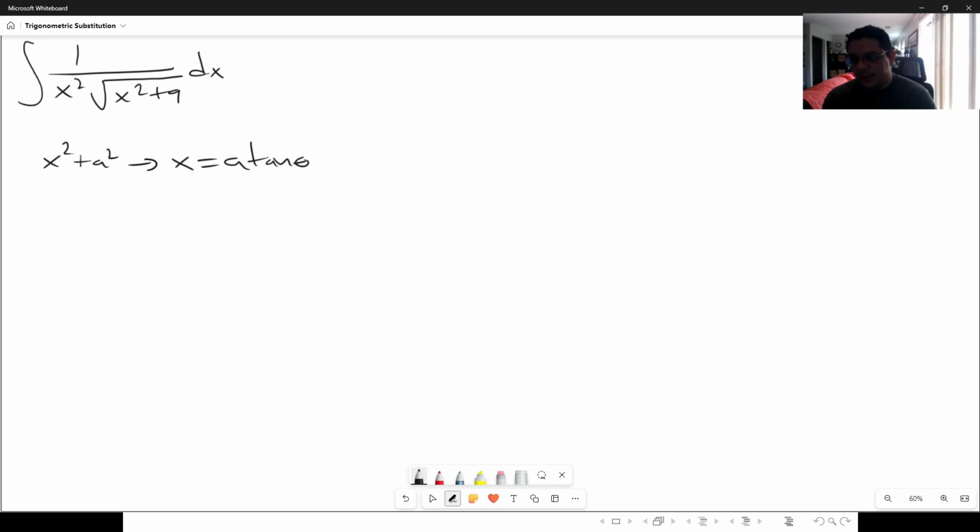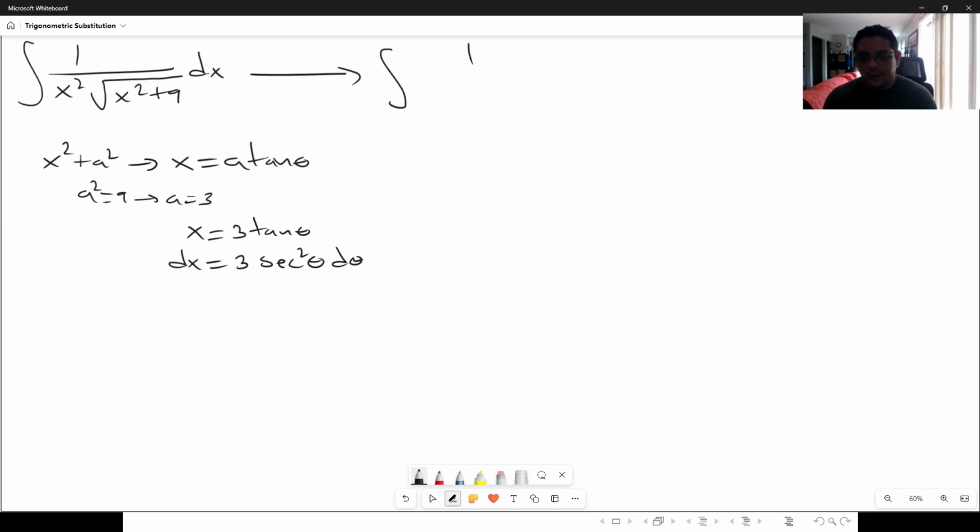Here, a squared is 9, so a will be 3, and x is going to be 3 tangent of theta. So dx is going to be 3 secant squared theta d theta.